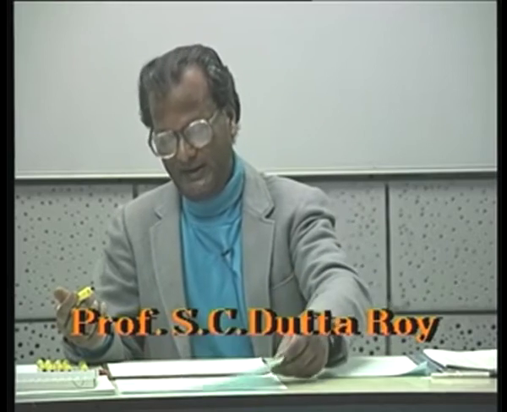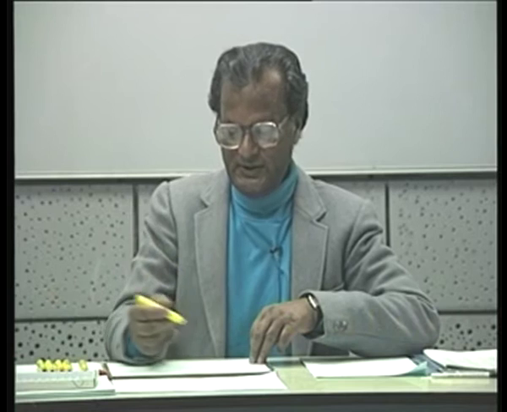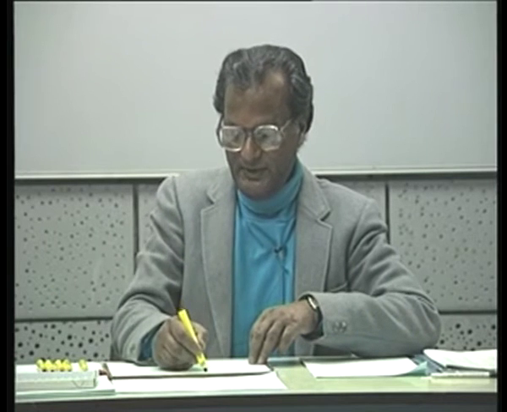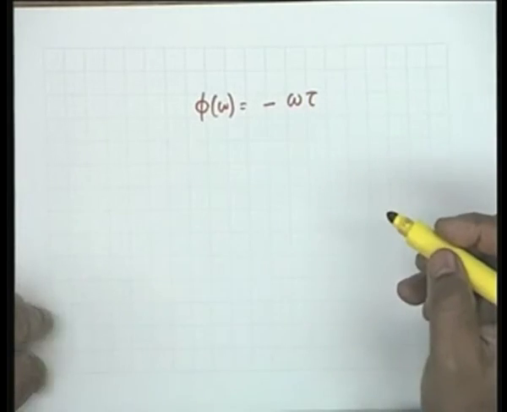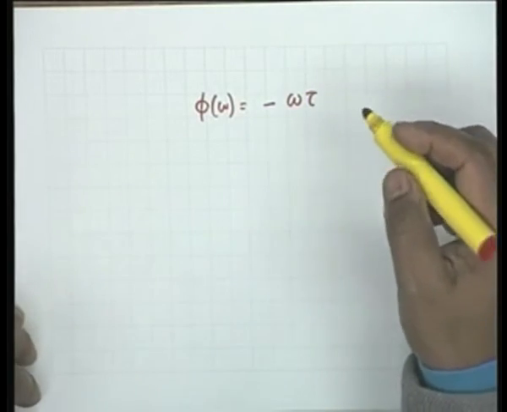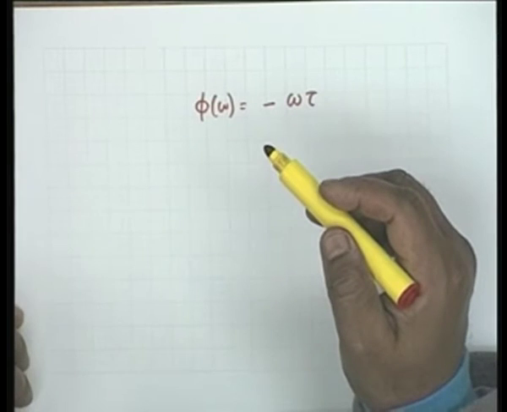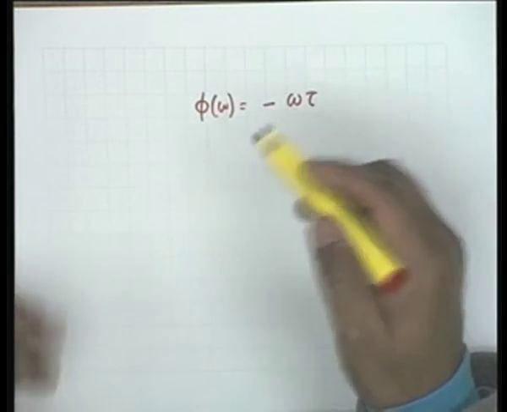Now, the importance of the linear phase shall be obvious in a few minutes, but look at this. Phi of omega equals minus omega tau, and if phi of omega is given, tau can be extracted in either of two ways.